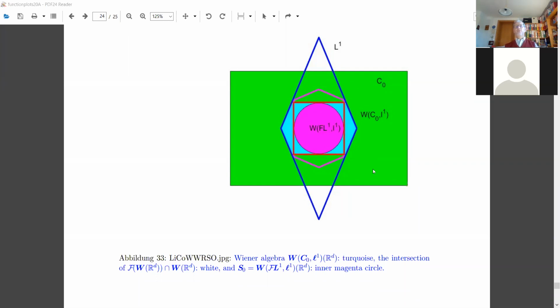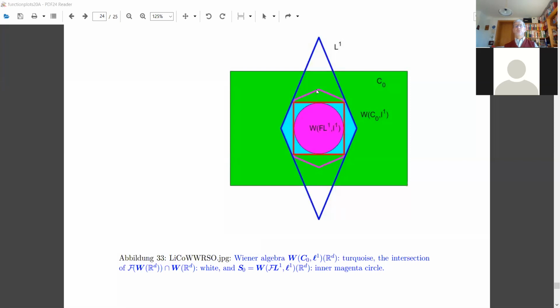In between, I had slightly different models for this, I mean, different dilation parameters or deformations. But in the final stage now, I'm using this normalization because I would like to show that if we take those functions which have a Fourier transform in the Wiener algebra and are in the Wiener algebra themselves, they form a very nice Fourier invariant subspace. So this magenta hexagon, now squeezed in the other direction, is just a rotation by 90 degrees.